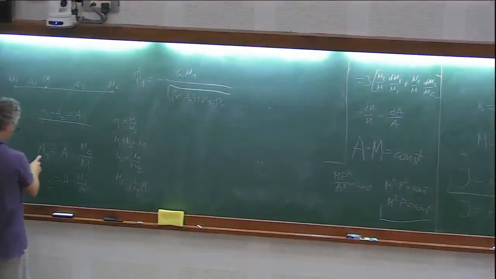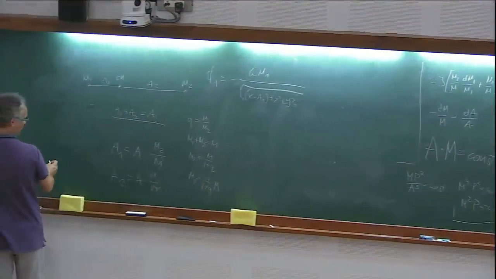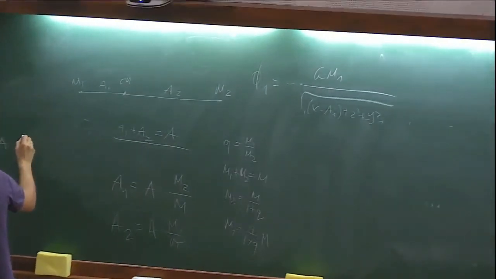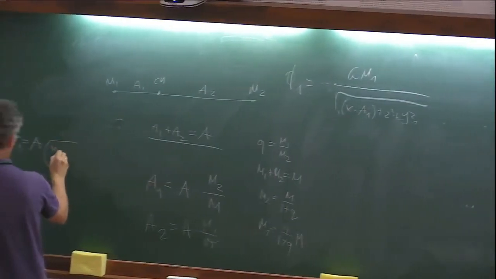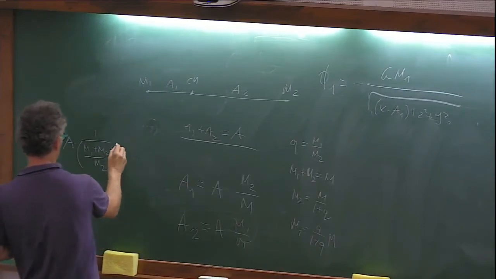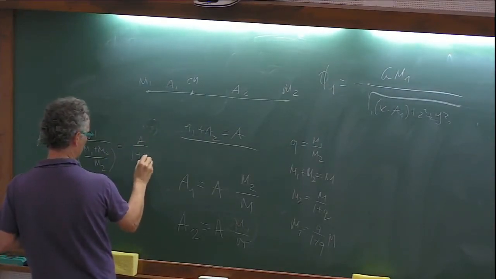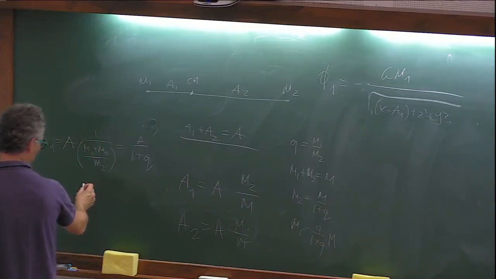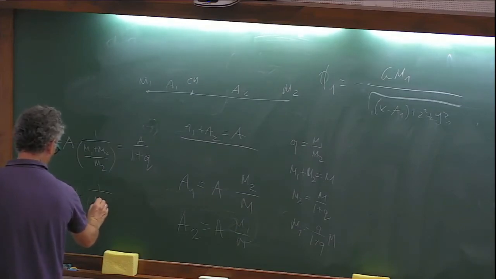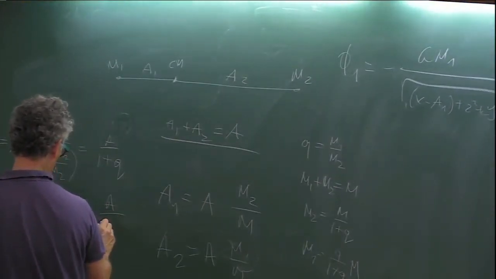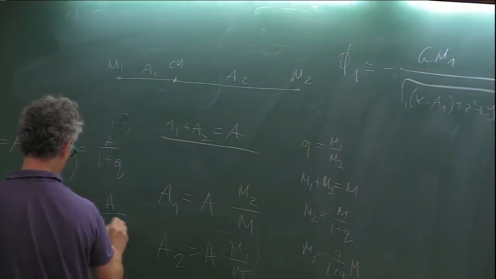Now, a1 and a2 can also be expressed like that, because a1 is equal to a times M2 over (M1 plus M2), which is a over (1 plus q), and a2 is a times M1 over (M1 plus M2), so it's a over (1 plus 1 over q).